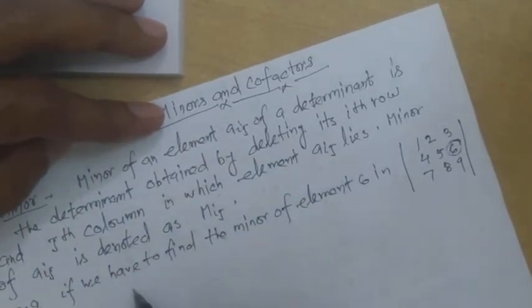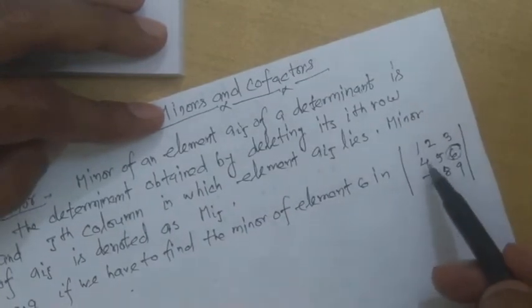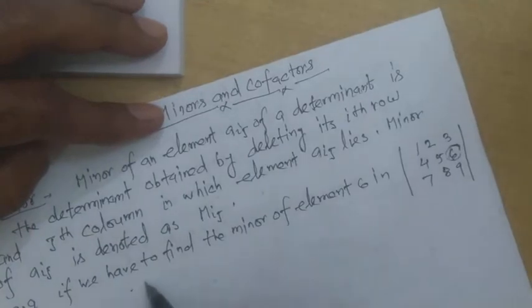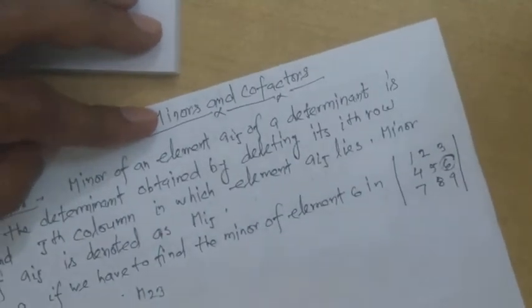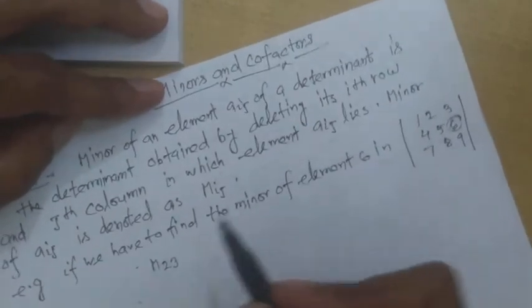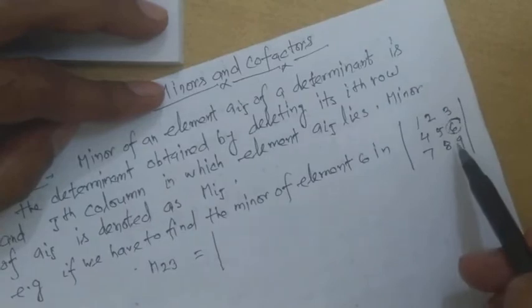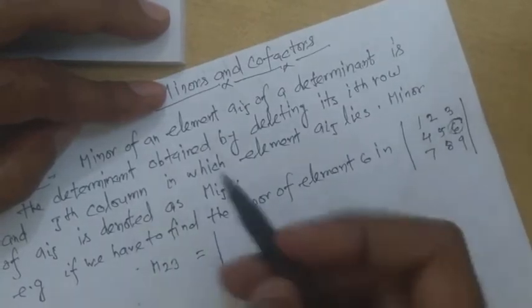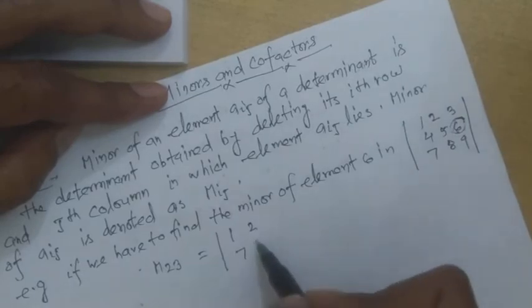Then it lies in the second row and third column. It means M23. M23 is equal to, after deleting the third column and second row, we have 1, 2, 7, 8.